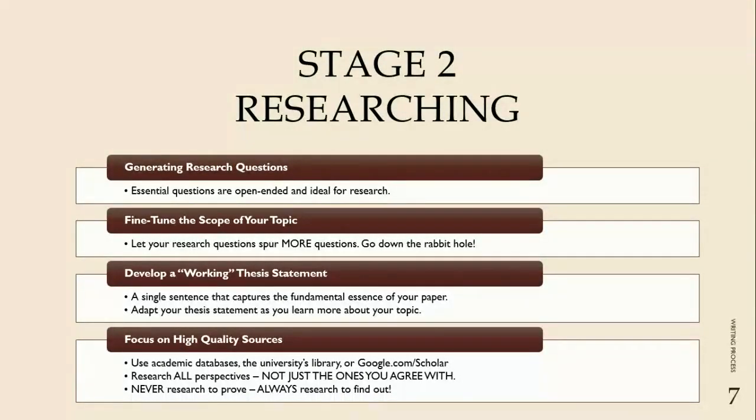I'm going to go more into that later on, but it's very wise to conduct research on all those perspectives, because then you present yourself as a more credible and objective writer than one that just cherry picked evidence and attacked the straw man.